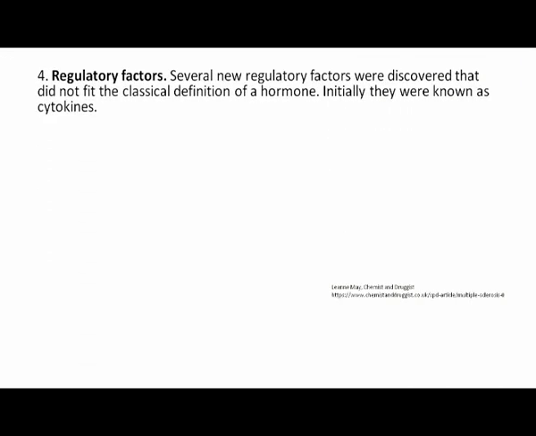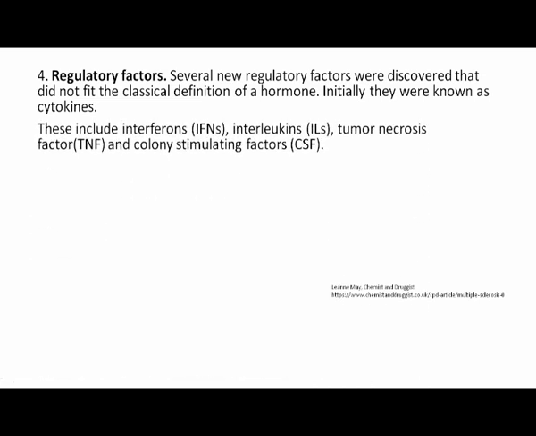Moving on, other industrially important proteins are regulatory factors. Several new regulatory factors were discovered that did not fit the classical definition of hormone, and initially they were known as cytokines. So, these include, as I was just now telling, the interferons, IFNs, interleukins, ILs, tumor necrosis factor, TNF, and colony stimulating factor, or CSF.